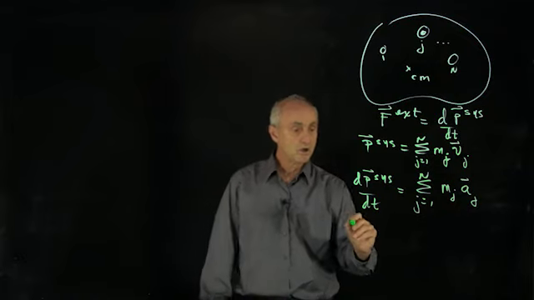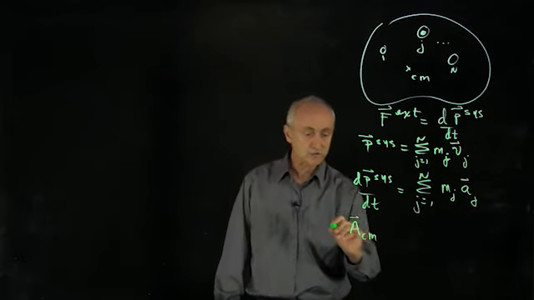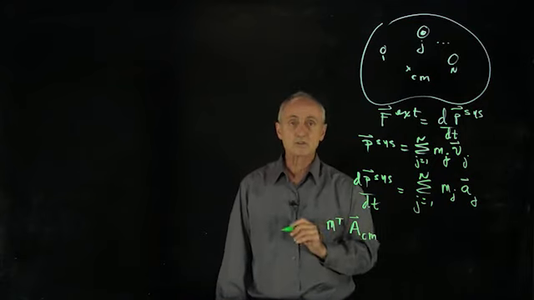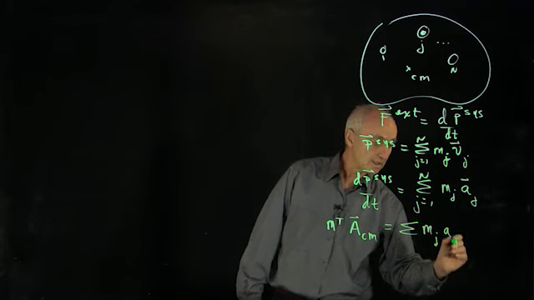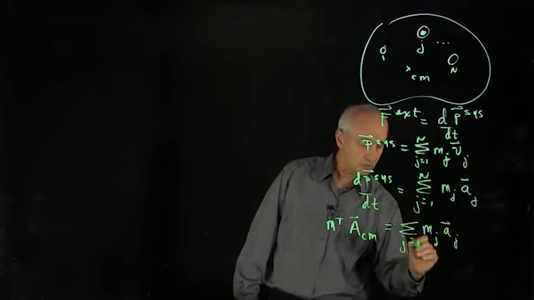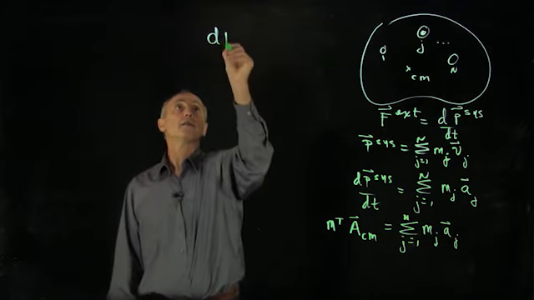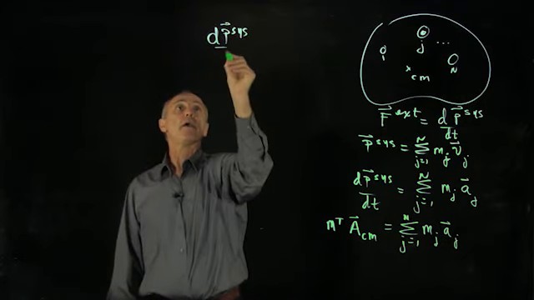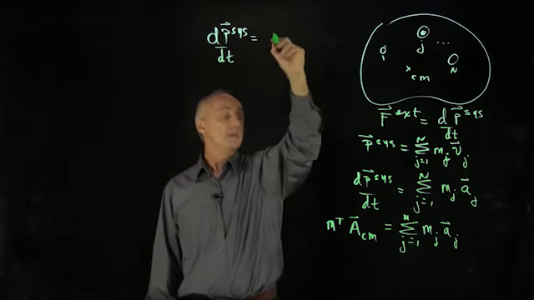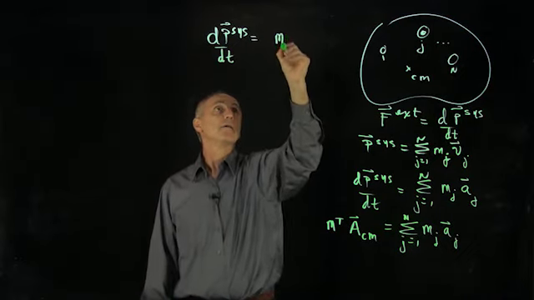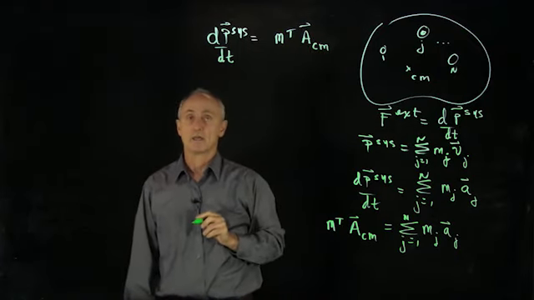Now, we saw when we defined the center of mass that the acceleration of the center of mass times the total mass of the system was equal to this sum of m_j a_j, j goes from 1 to n. So we see that another way to think about how the momentum of the system of particles is changing is simply the total mass times the acceleration of the center of mass.